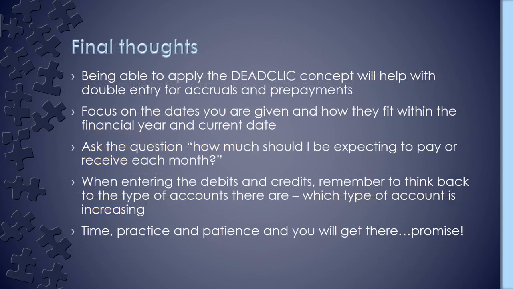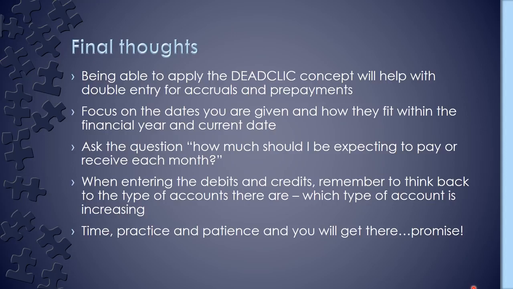Being able to apply the dead click concept will help with double entry for accruals and prepayments. As I've gone through each question, we've looked at why we're debiting or crediting those accounts, what type of account they are, and therefore what side of dead click they sit on.